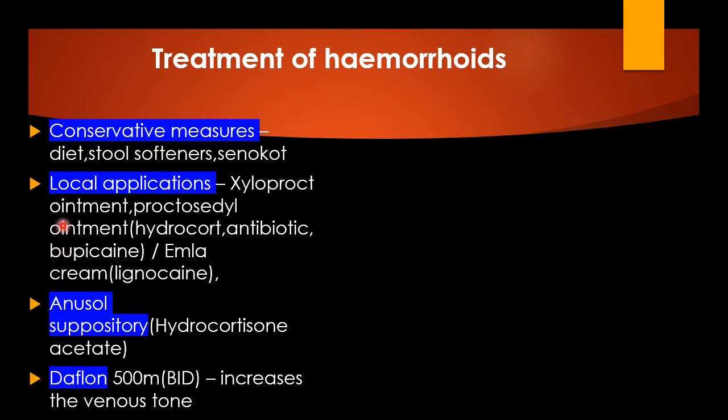Either these can be used as ointment to apply locally, or they can be used as suppository, where you insert these bullet-like medication through the anus into the anal canal. Among them, anusol is a very important and popular suppository that has been used for very long, which consists of hydrocortisone acetate.